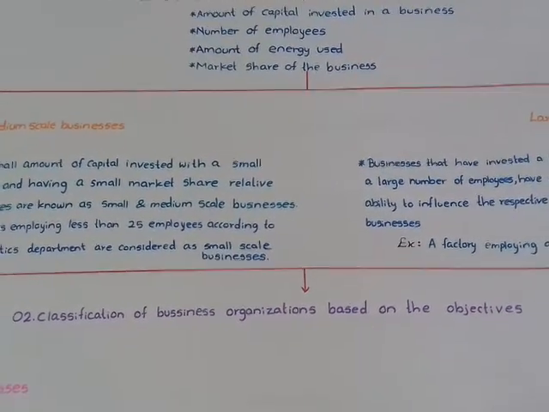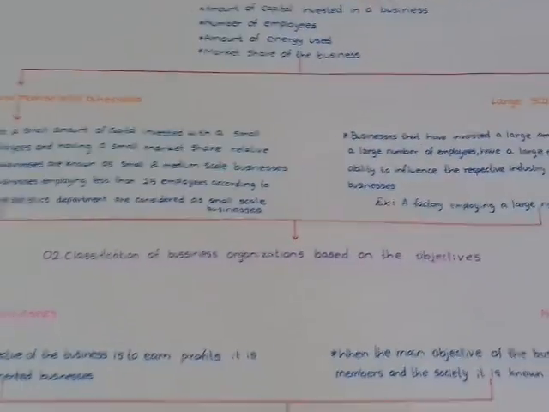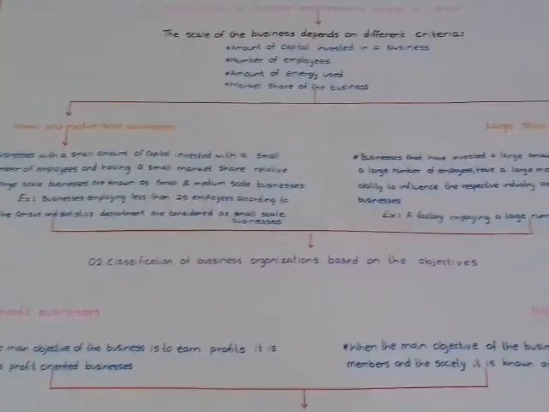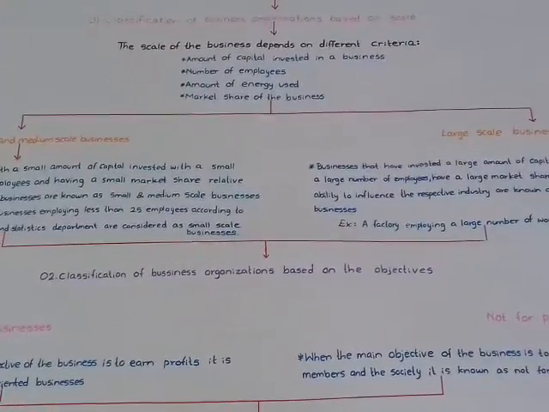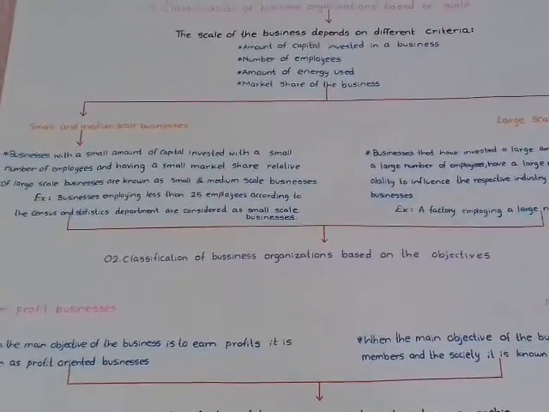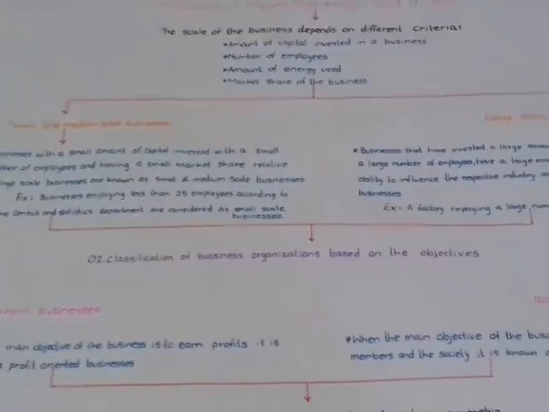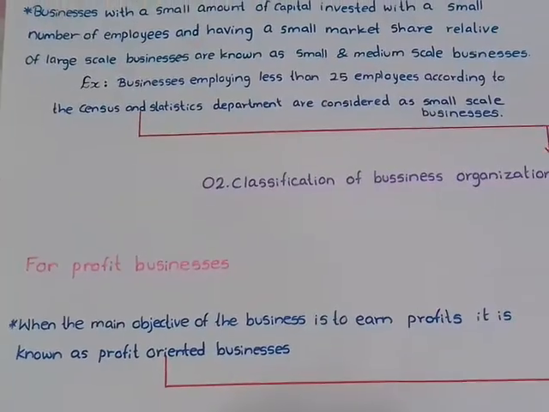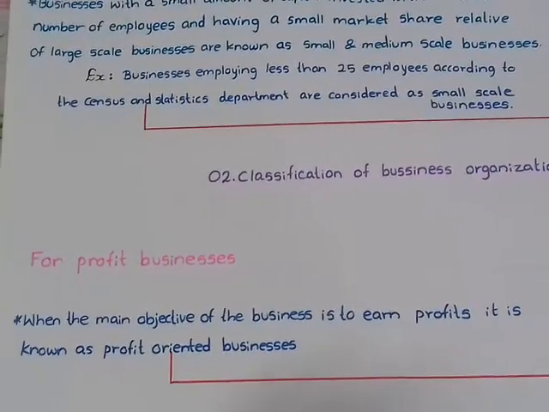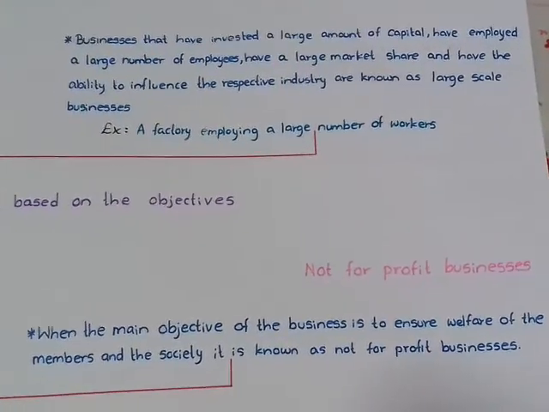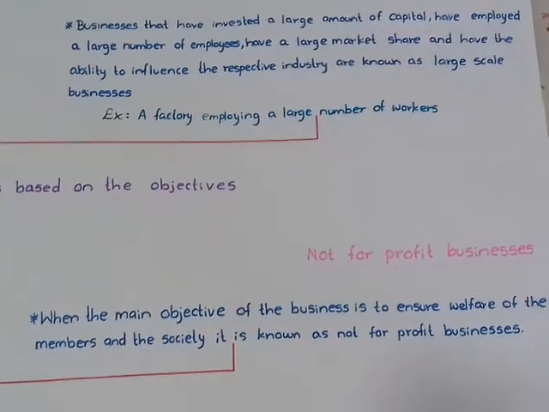What are their objectives? According to that, small and large scale businesses can be divided into two parts: for-profit businesses and not-for-profit businesses.